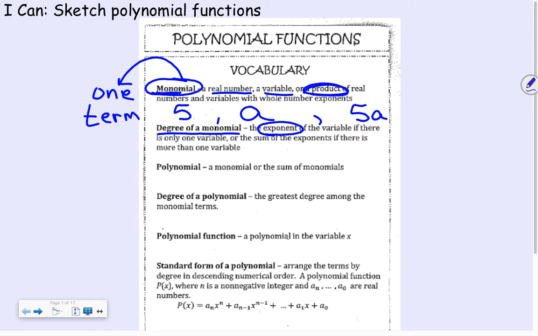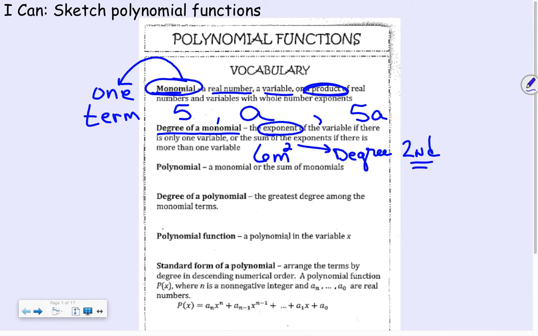So if I go like this, 6m squared, what degree is that? 2. Yeah, because you're looking at the 2. We have a second degree monomial. Does that make sense? Just look at the exponent.